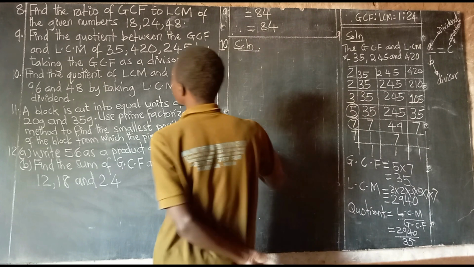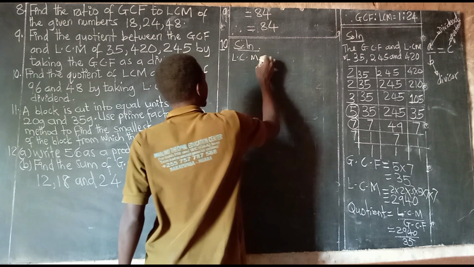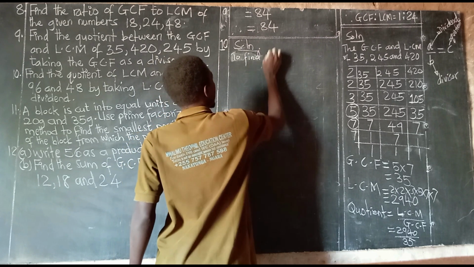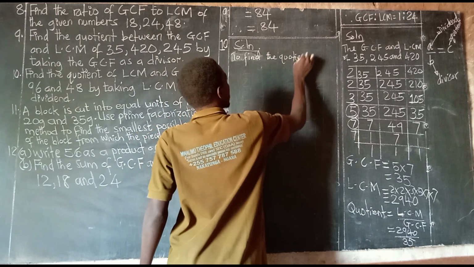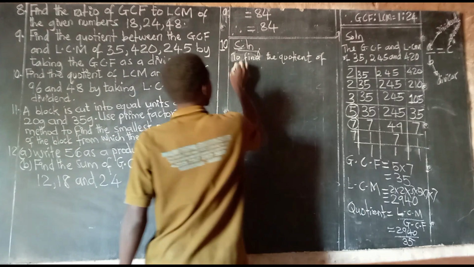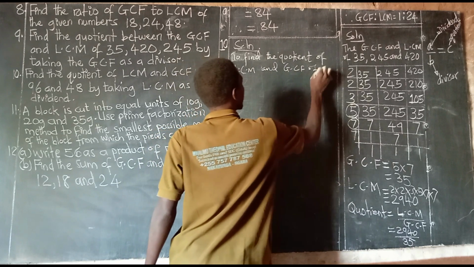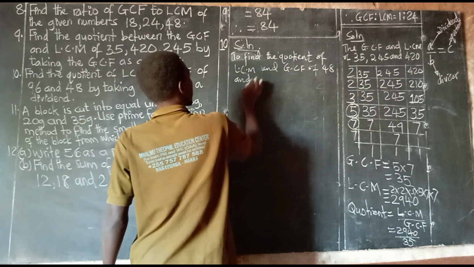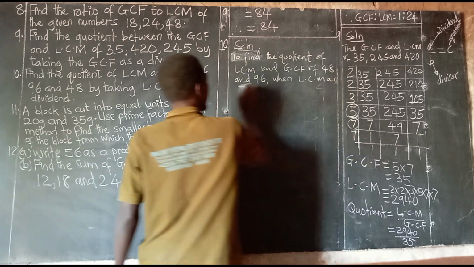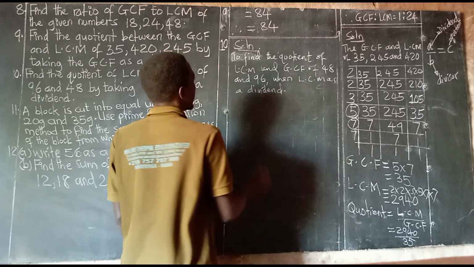Now, let us find the LCM. To find the quotient of LCM and GCF of 48 and 96, taking LCM as a dividend, we go the same way.